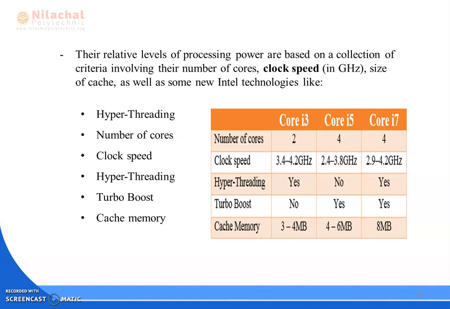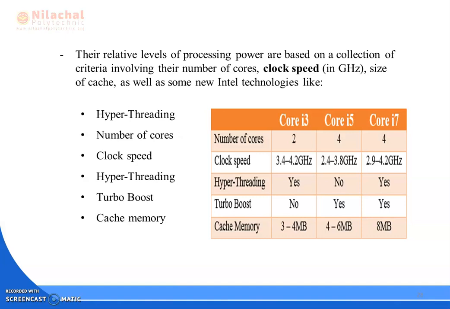Let's come to the hyper-threading property. The i5 does not support hyper-threading, whereas i3 and i7 support it. Next is turbo boost, which is not supported by the core i3 processor but is supported by the core i5 and i7 processors.